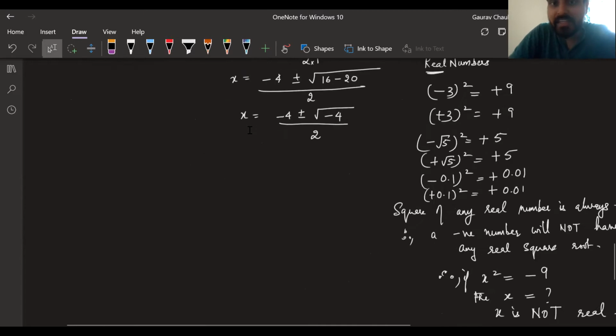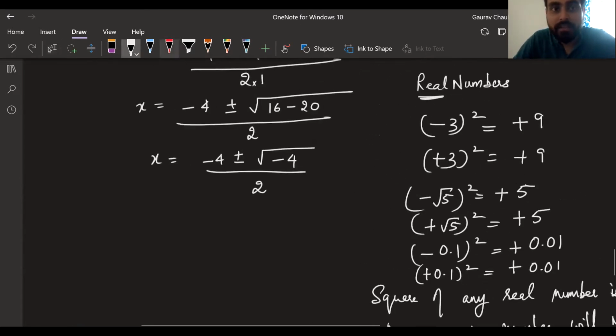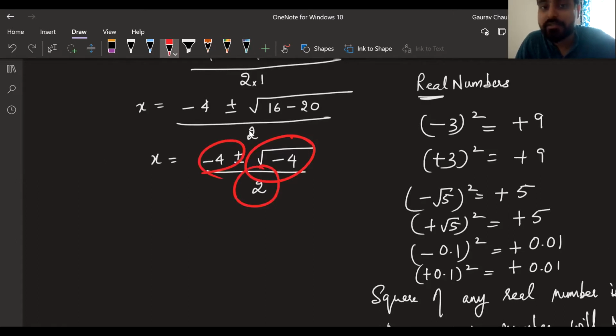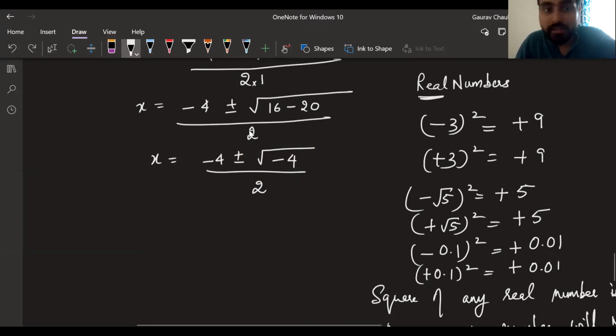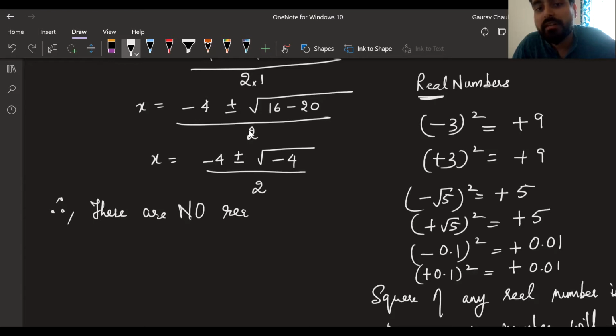Keeping this understanding in mind, this part is not real only. What I will add and subtract, it is not real only. Real means exactly what you're thinking, guys, okay? This red part is not real only. Then what will I add and subtract? Therefore, there are no real roots, because I can't find the square root of a negative number.